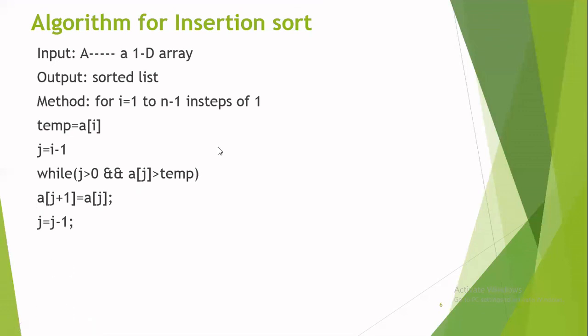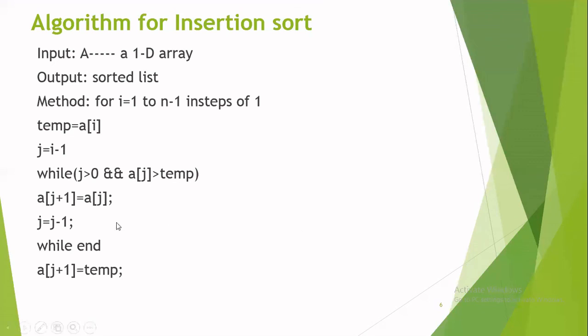And now we are going to decrement the j pointer. This process is repeated until j is less than 0 or an element whose value is less than temp is found. When any one of these conditions becomes false, the while loop is going to terminate.